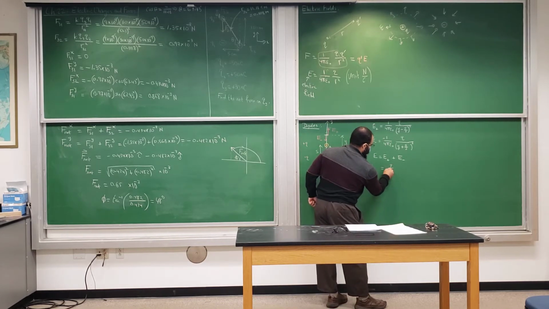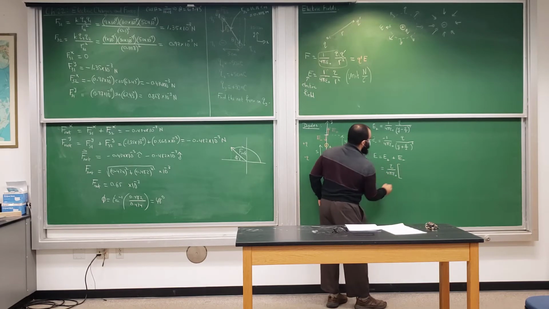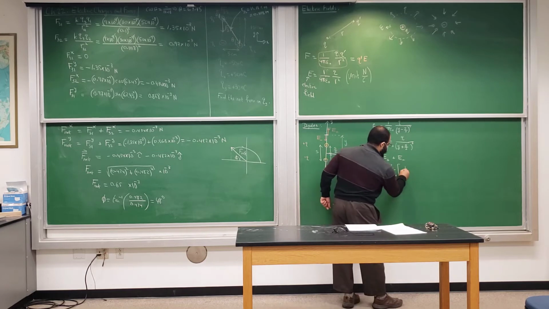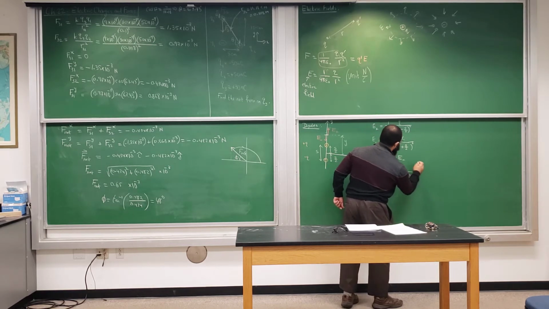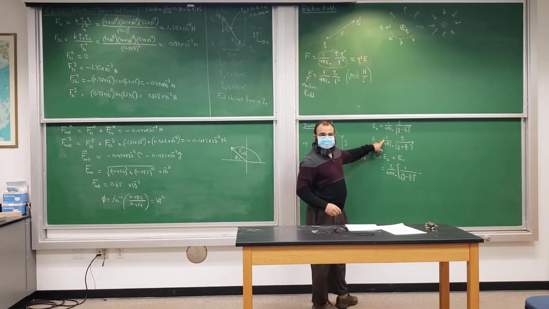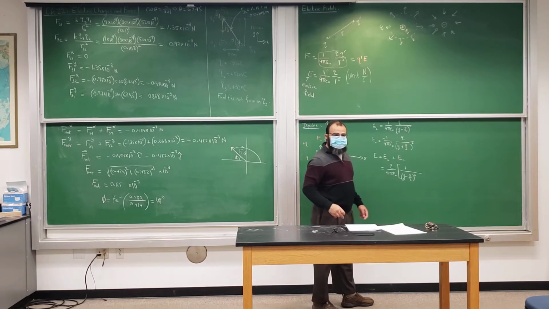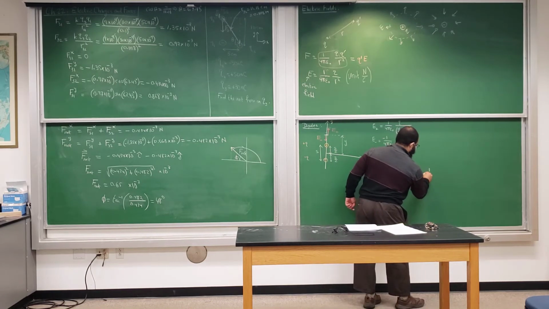So Q over 4 pi epsilon naught times this one, you will have 1 over y minus s over 2 squared, and then minus, that's where the minus sign comes from, 1 over y plus s over 2 squared, right?